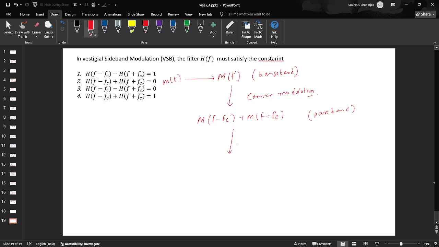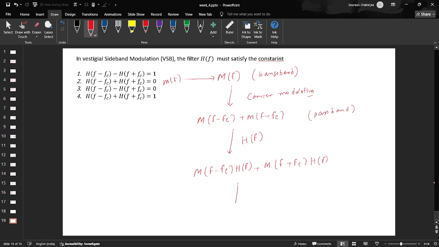For vestigial sideband modulation, you pass it through a filter, as we mentioned in SSB generation via filtering or frequency discrimination. So what we have now is M(f−fc)H(f) plus M(f+fc)H(f). Since convolution in the time domain is just multiplication in the frequency domain, it's easy to handle.